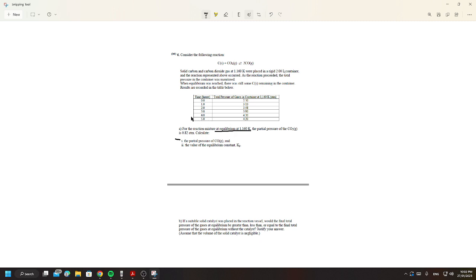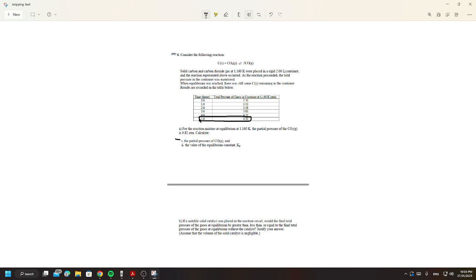At equilibrium, we're going to consider the final value in time. If they say equilibrium and they give you a table like this, always look at the final value, because that final value is going to be at equilibrium. Or just look at whenever the partial pressure stabilizes. Notice how it's 4.2 here and here it's also 4.2. But just to be on the safe side, take the final reading.